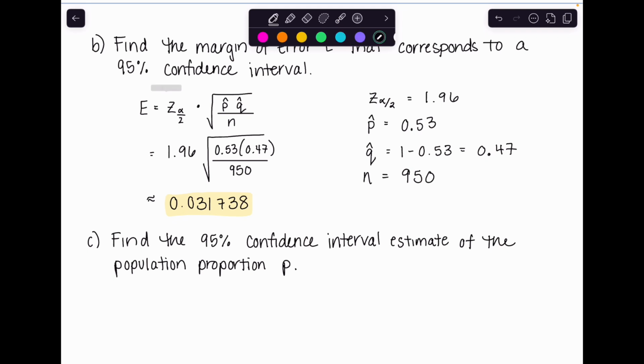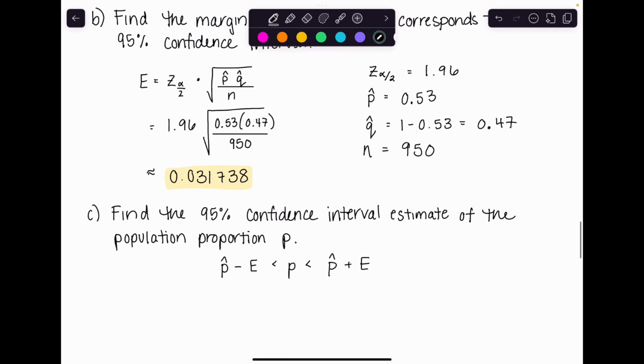So I think my true population proportion falls in between the values where we take our estimate and we add the error, and we take our estimate and we subtract the error. And this gives us our confidence interval. So our true value, we believe, falls within 53% plus this extra 3% and change.